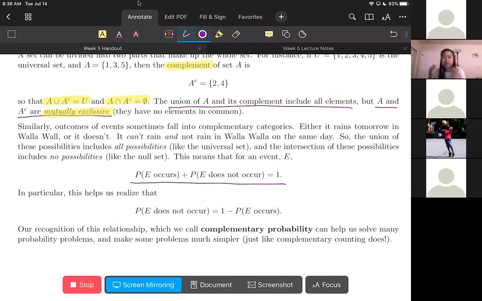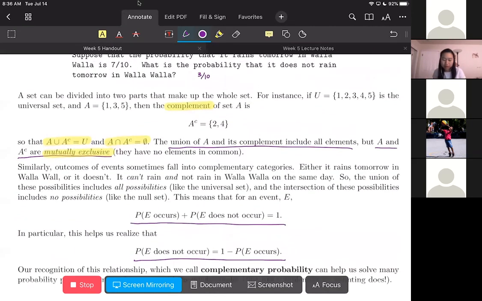Then if we rearrange, we see that the probability that some event does not occur equals 1 minus the probability that the event occurs. We'll call this concept complementary probability because, like counting the complement, we're calculating the probability by calculating the complementary probability.